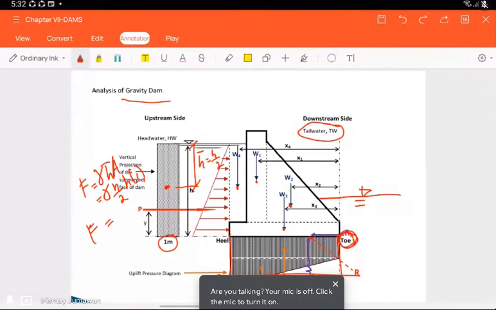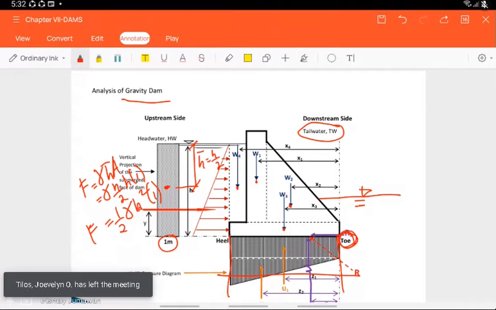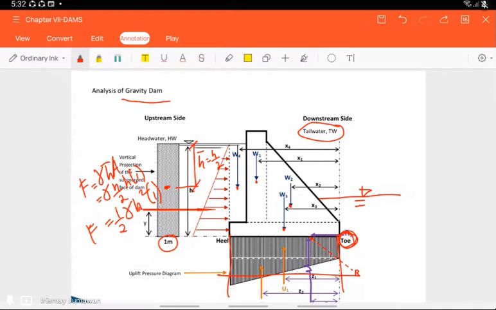So the length is perpendicular sa atong screen. So you can have this 1/2 gamma h squared times 1. So you have that formula. Then you get the forces or you design or you analyze the dam per meter width. So that is the width perpendicular to the screen.